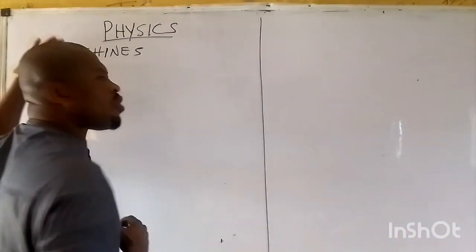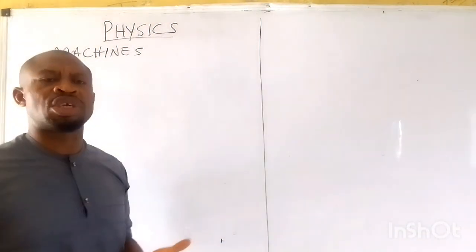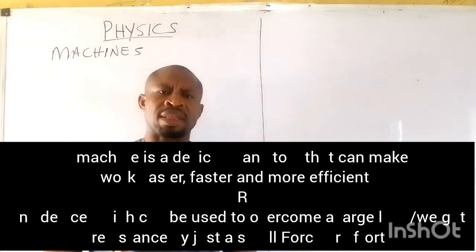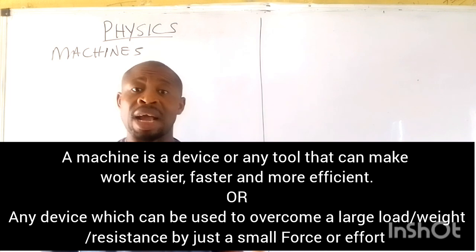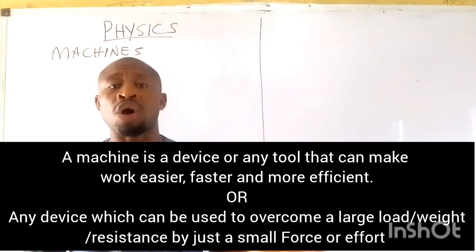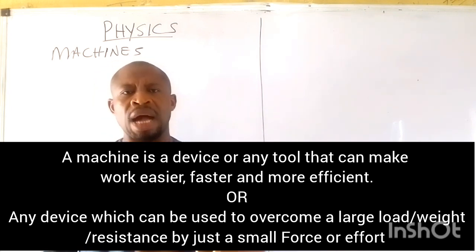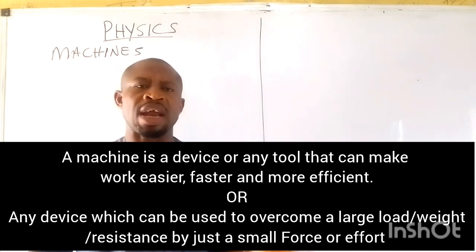Now we take the definition of a machine. What is a machine? A machine is a device that can make work easier, any device that can make work faster, any device that can make work efficient. That machine, that device or that tool is defined as a machine.